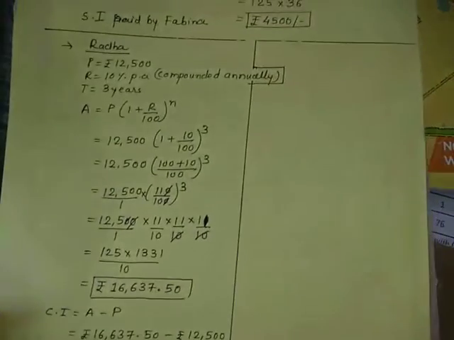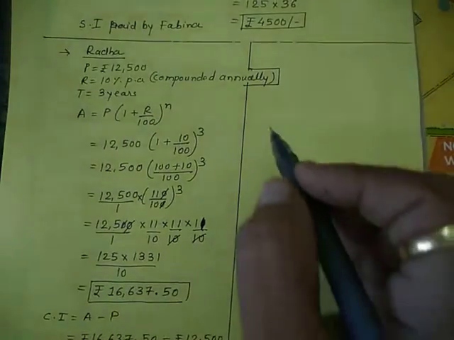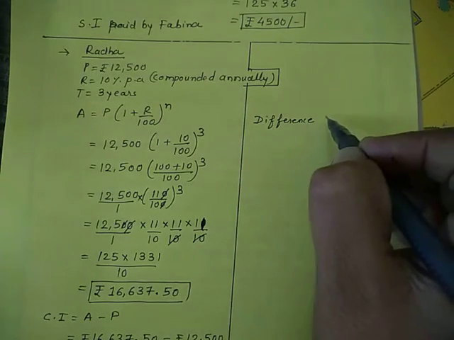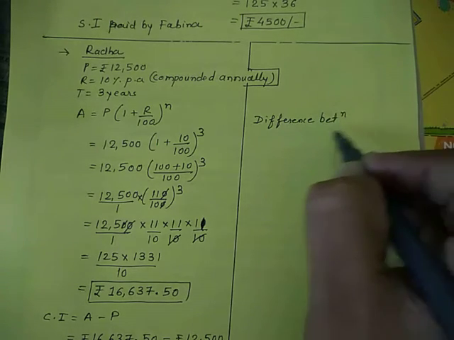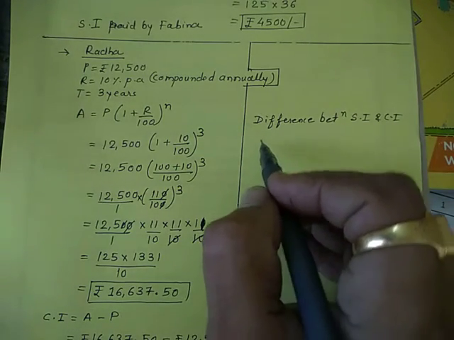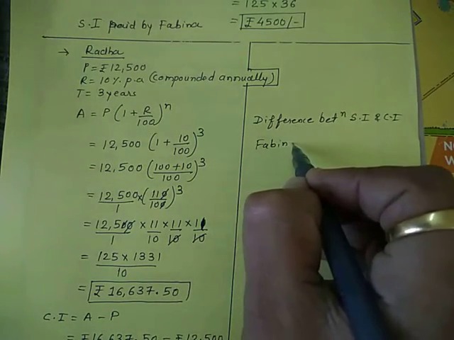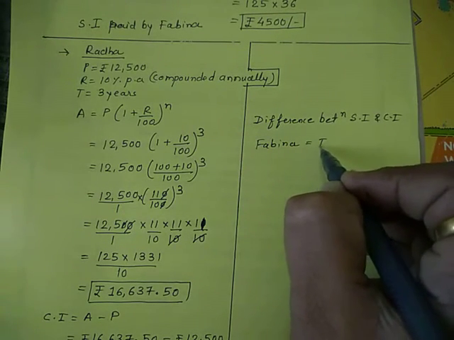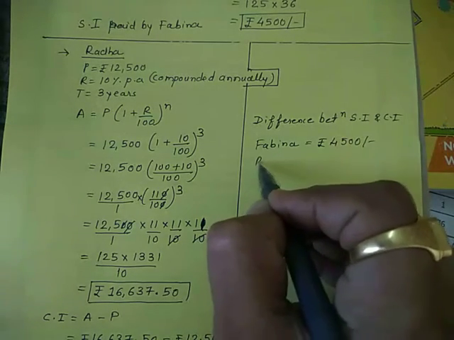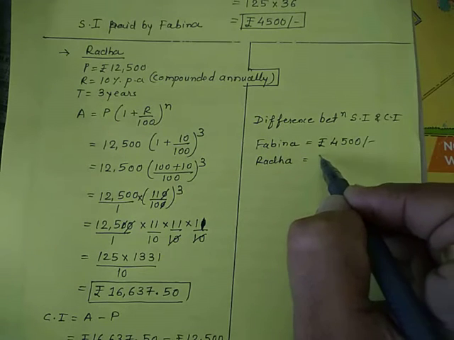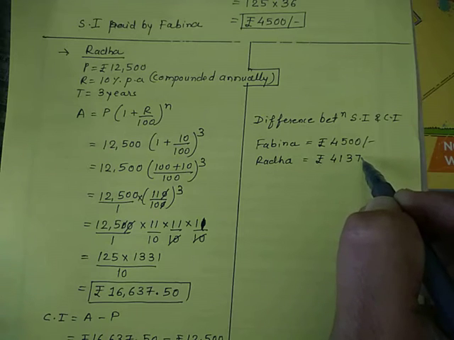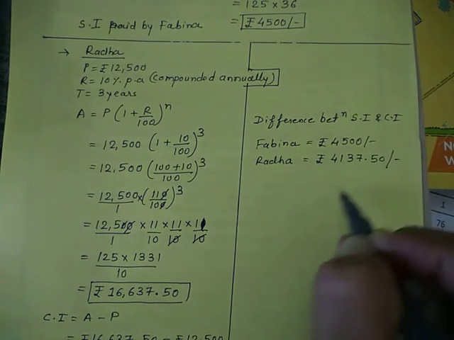Now from this we can find the difference between simple interest and compound interest. Fabina paid 4,500 rupees, and Radha, how much interest has she paid? 4,137.50 rupees.